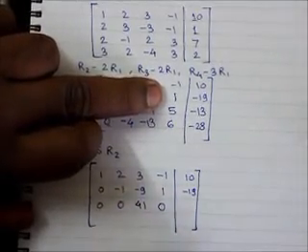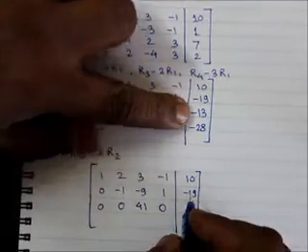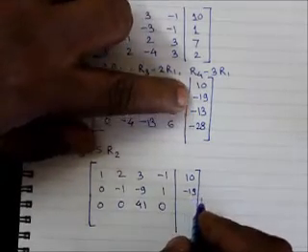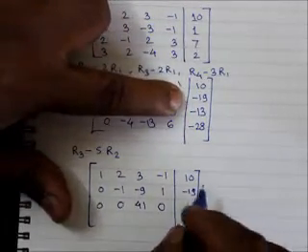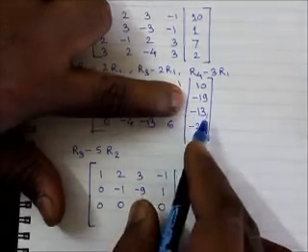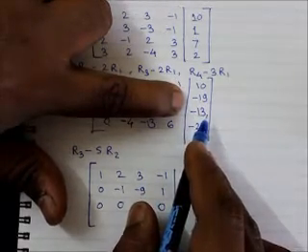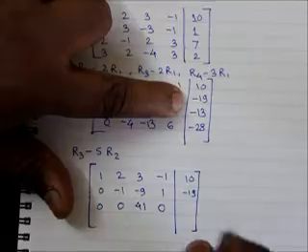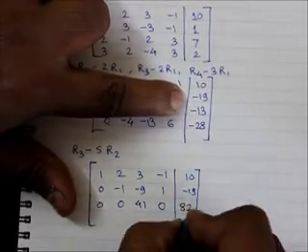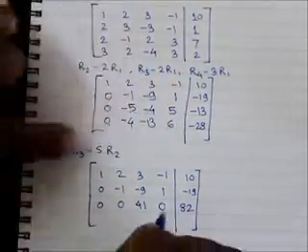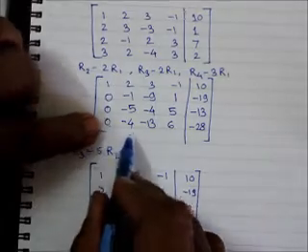And minus 13 minus 19 into 5, so minus 13 plus 95 is plus 82.